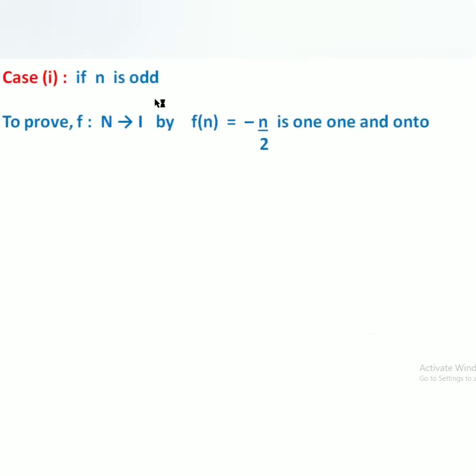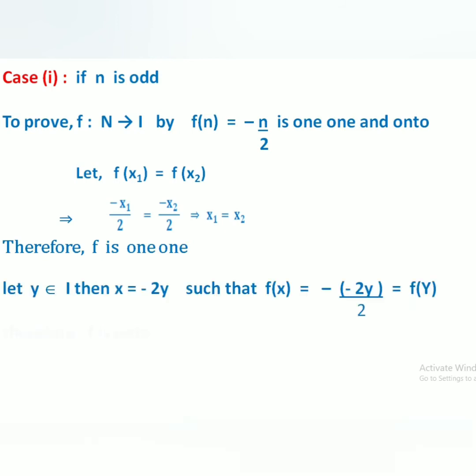Next, go for the case where n is even. It is defined that f of n equal to minus n by 2, to show that this is one-one and onto. Again I take f of x1 equal to f of x2, so immediately minus x1 by 2 is equal to minus x2 by 2, we get x1 equal to x2, therefore the conclusion is f is one-one.